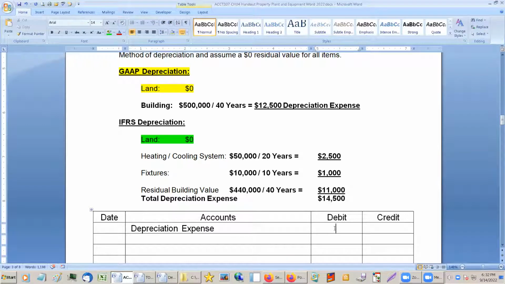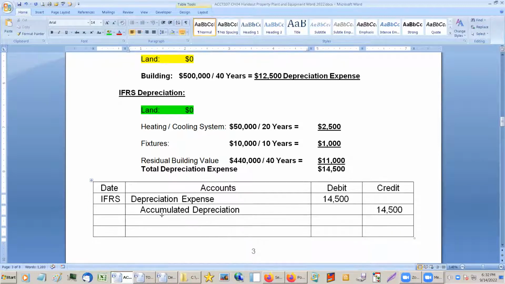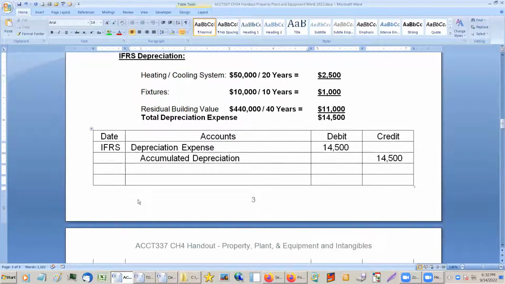Depreciation expense would be 14,500, and accumulated depreciation 14,500. So this would be the IFRS.